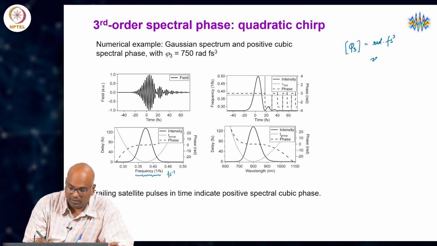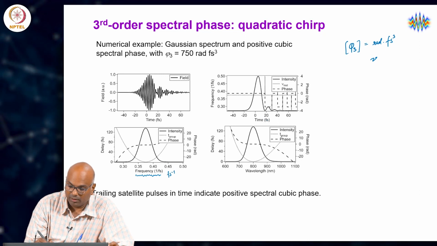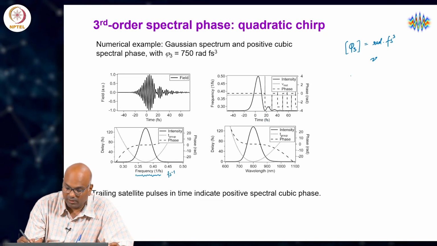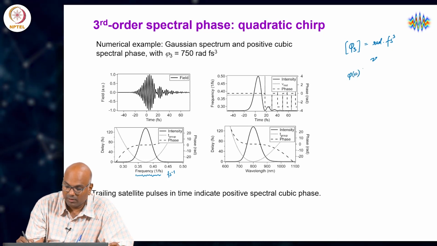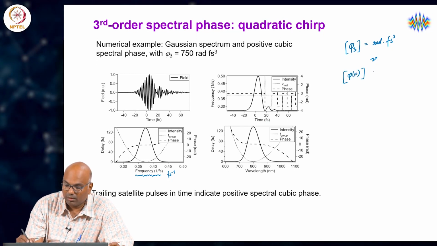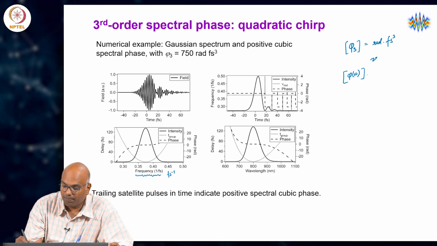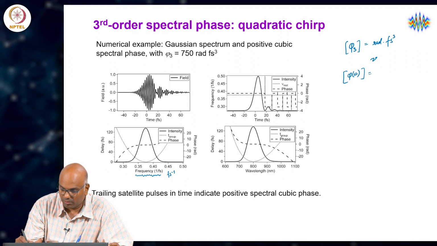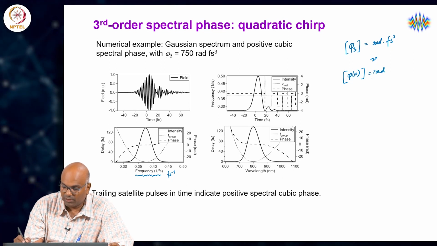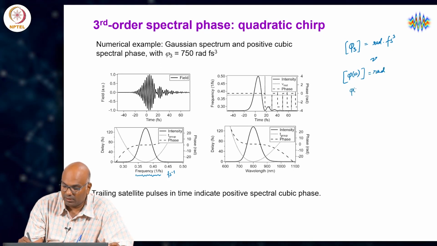Then time gets defined in femtoseconds, whereas the total spectral phase is still measured in radians, right.